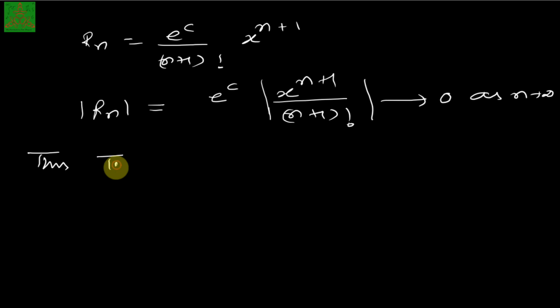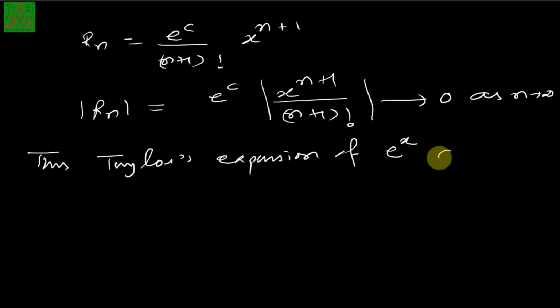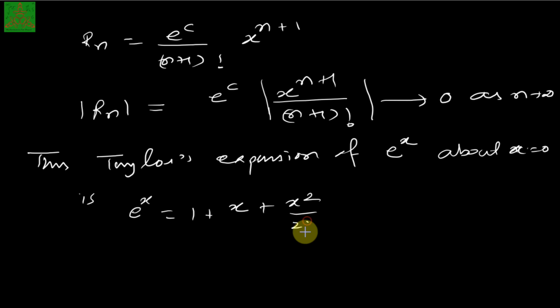Thus, the Taylor's expansion of the function e power x about a equal to 0 is e power x equal to 1 plus x plus x square by 2 factorial plus x cube by 3 factorial and so on. So I can say that this Taylor's expansion will converge to e power x.